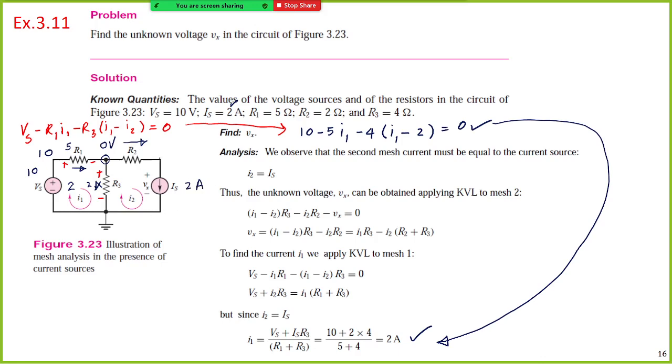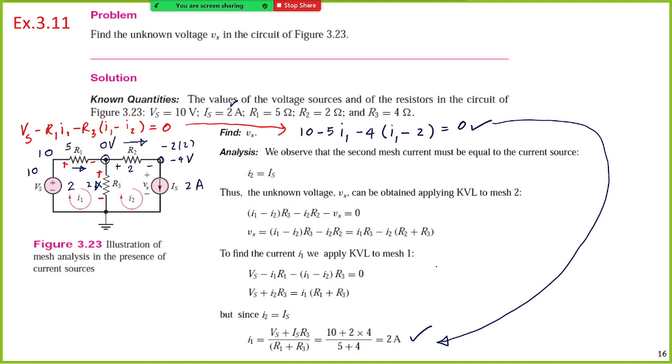And what is the voltage here? The voltage here is the voltage across this element, so R2 is 2 ohm, and this is plus minus. The voltage here will be minus 2 times 2, which is minus 4 volt. So the voltage Vx is minus 4 volt in this case.